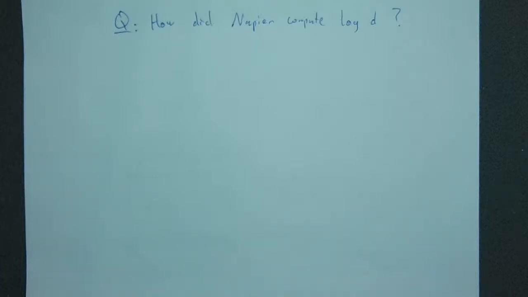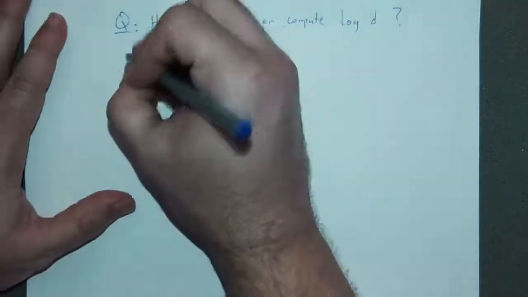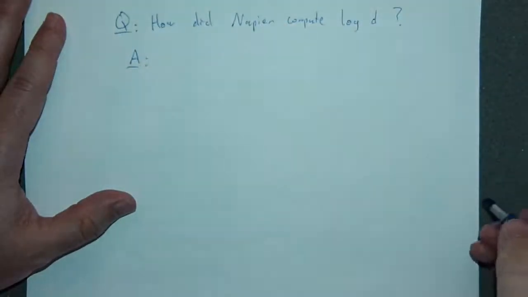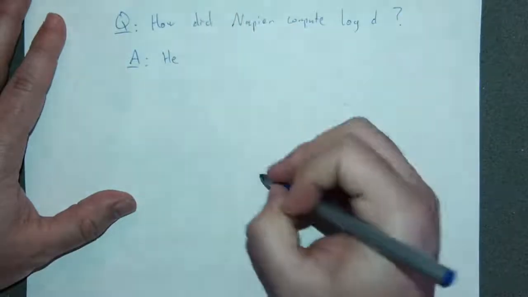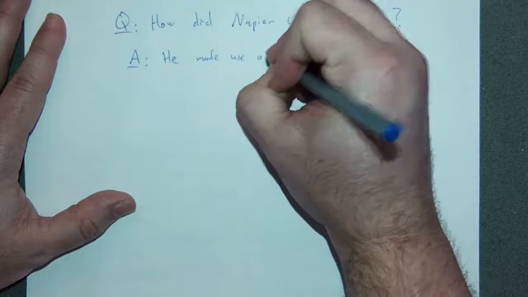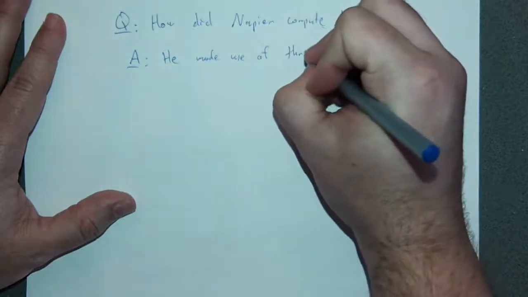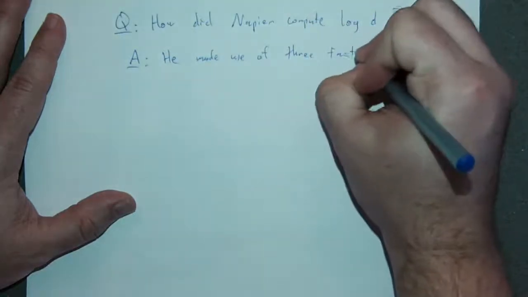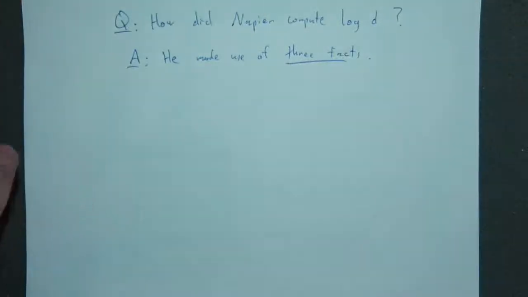So it's very tricky. And as I said, Napier himself spent like 20 years of his life coming up with this. All right, so the immediate answer to how it was computed, he made use of 3 important facts, which I'm going to outline now as they're listed in your textbook.